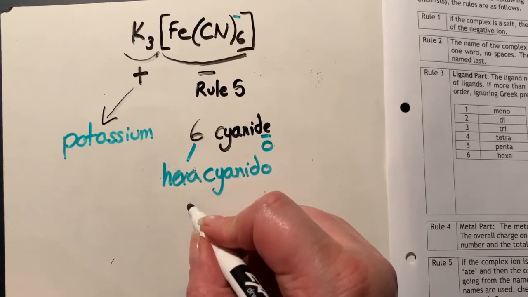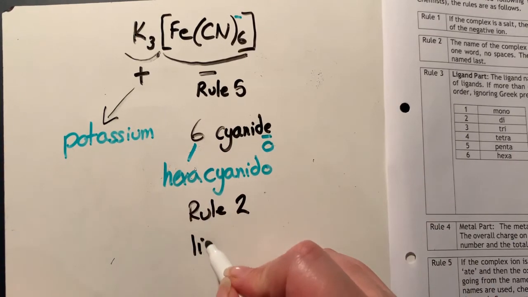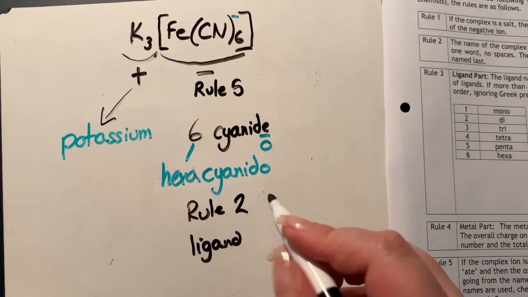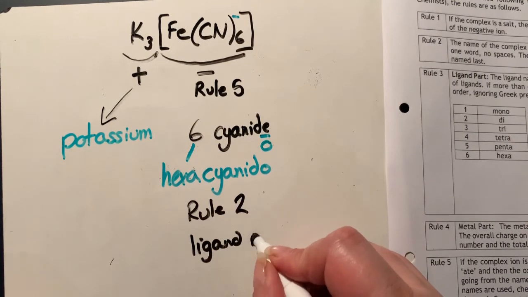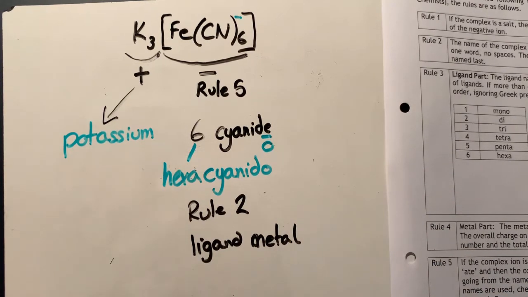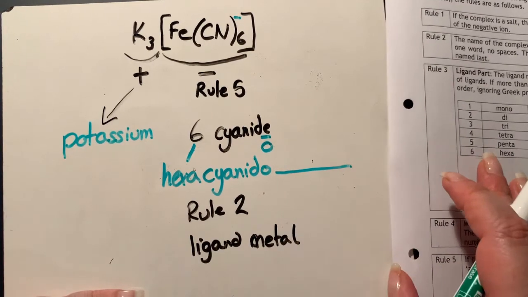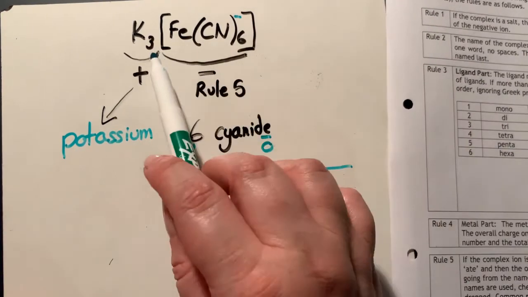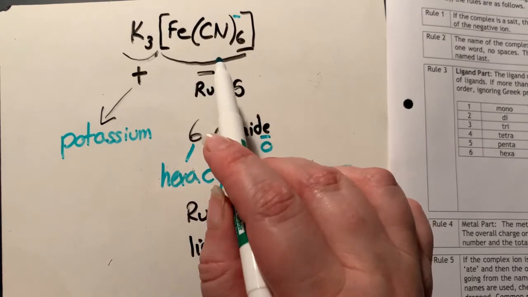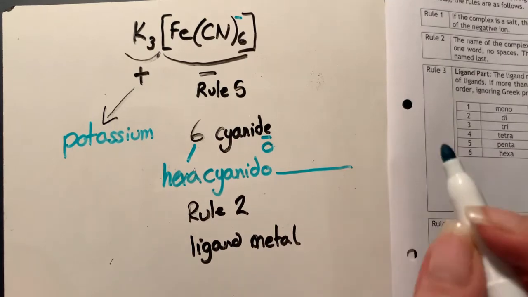According to rule 2, we need to have ligand first and then metal. So that means that we're going to have our hexacyanido followed by the name of the metal. Because it's a negative complex, we're then going to take on the Latin names according to this rule 5.